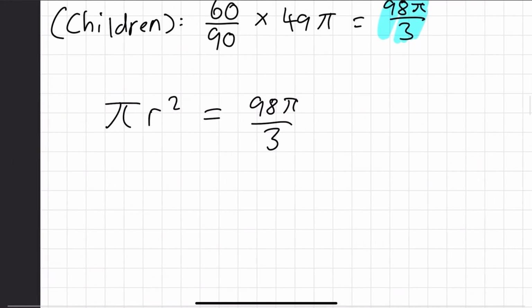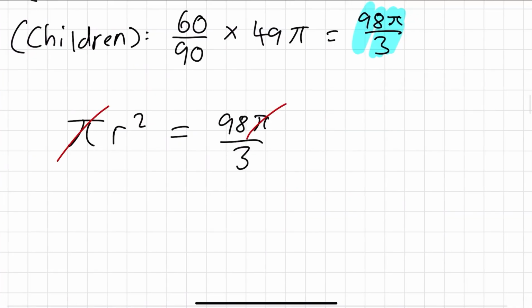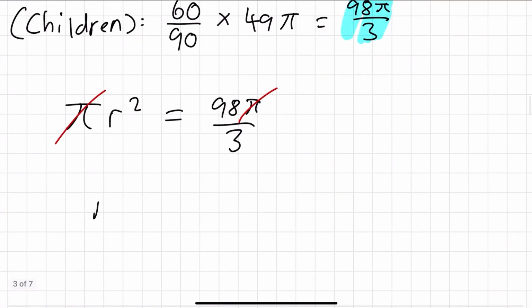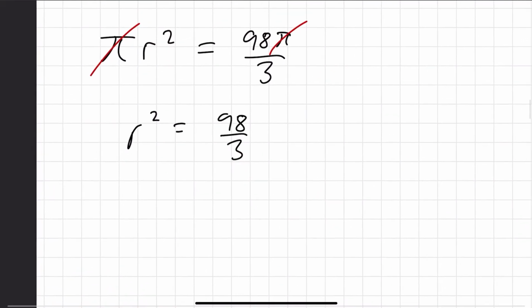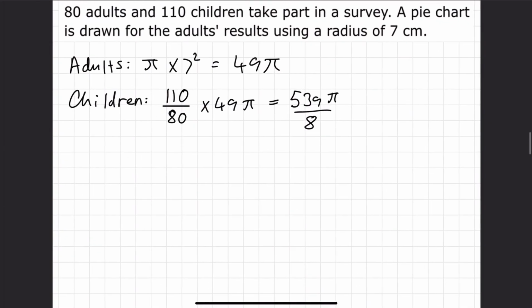And then we're going to rearrange to find the radius. So what I'm going to do is cancel out my pi's. So I get r squared is equal to 98 over 3. And then to find r, I'm going to square root my answer. Square root of 98 over 3 is 5.72 to 2 decimal places, centimeters.